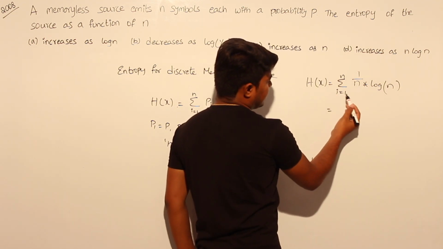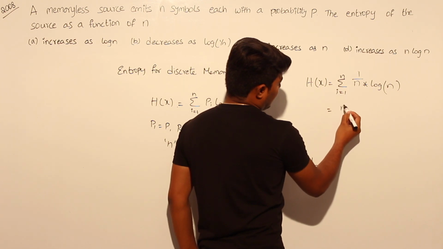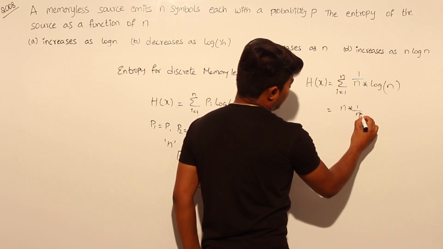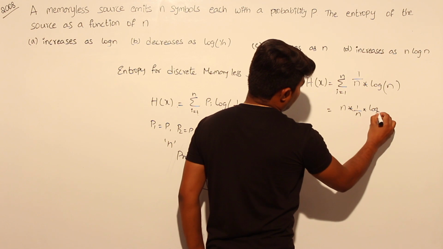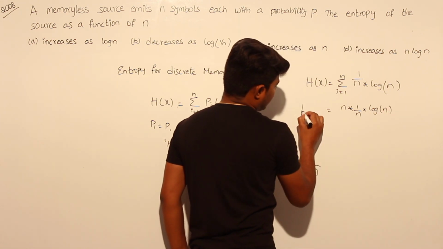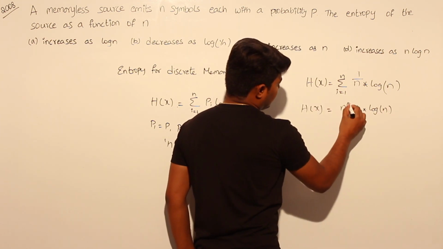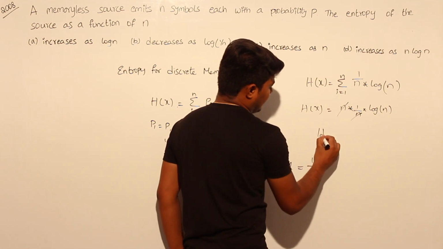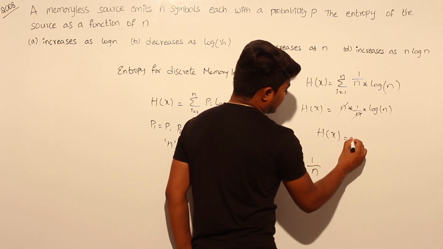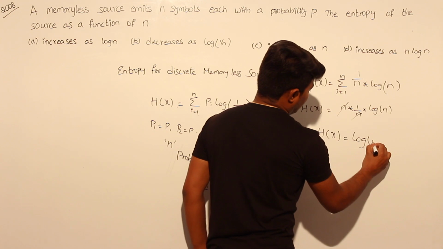Here you need to expand this sigma. It will become n into 1 by n into log n. Now this n will get cancelled. Finally our new entropy H of x is equal to log of n.